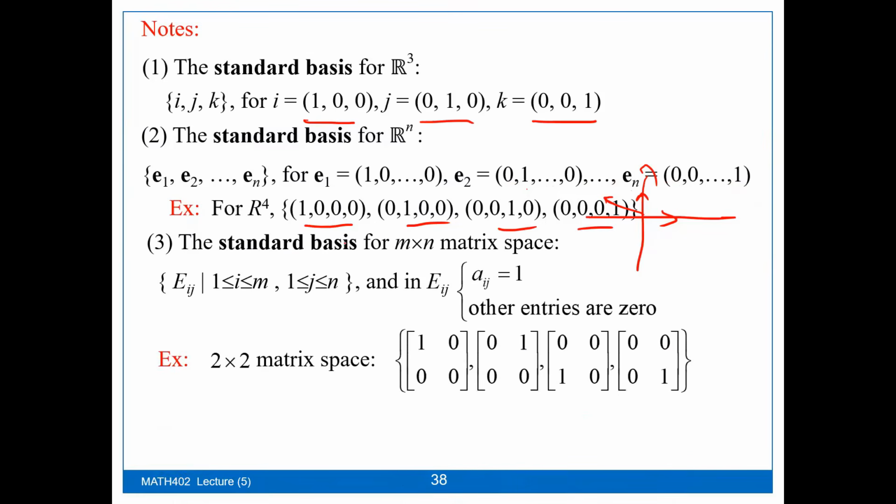The standard basis of the set of matrices of order m by n is this set of four matrices.